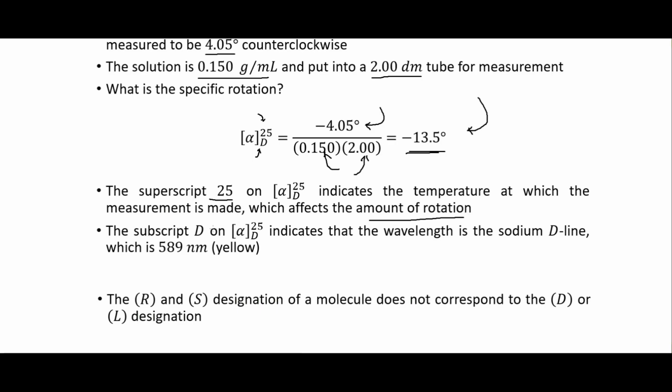The subscript D is, as I said, the sodium D line, the 589 nanometers. We put that there because the amount of rotation changes depending on the wavelength of light, which is why the standard is to use the sodium D line, which is 589 nanometer wavelength.